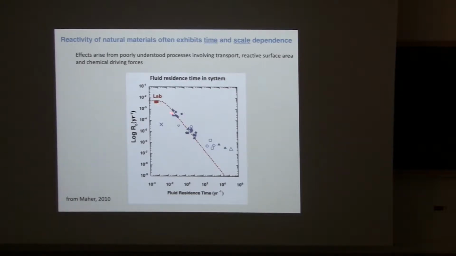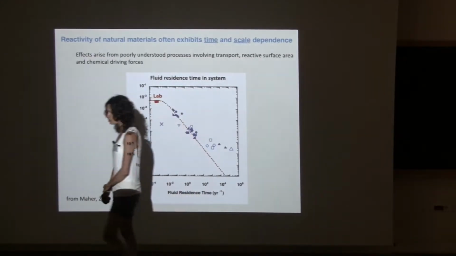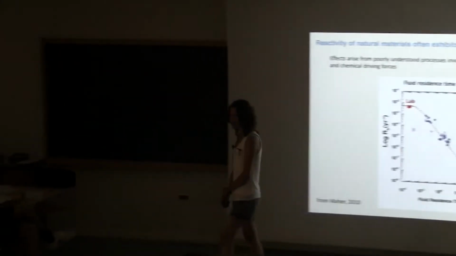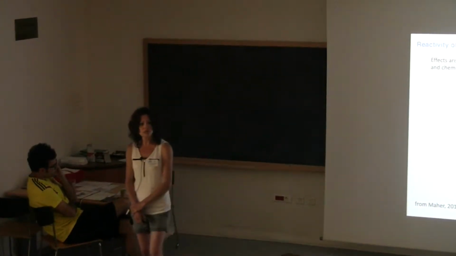In contrast, when we move out into the real world, we see that when we get into these longer and longer so-called fluid residence times, which we've heard quite a lot about already this week and last week, there's a pretty darn clear correlation in which reaction rates are diminishing.